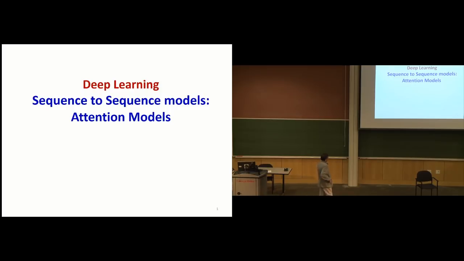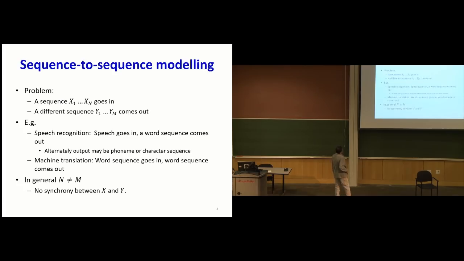What we saw about these models earlier was that these relate to a specific kind of problem where recurrent networks are required, where you have some sequence x1 through xn going in and a different sequence y1 through yn coming out.